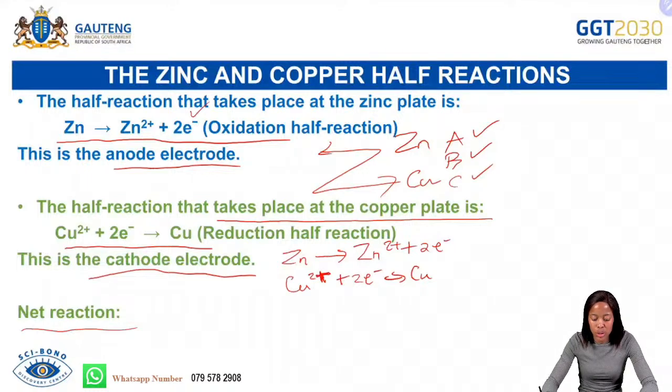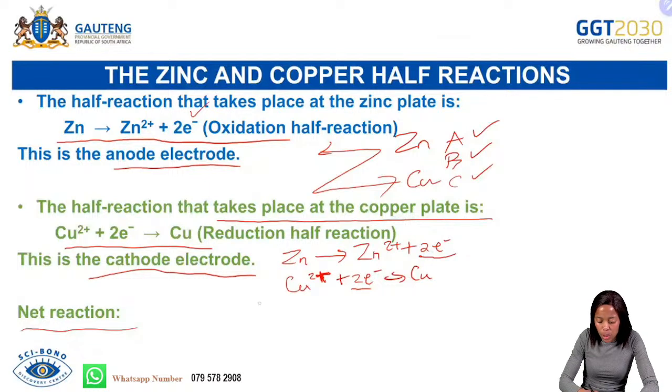Then you just need to make sure that the electrons are balanced. In this case, we have 2 electrons for zinc, and we also have 2 electrons for the copper.